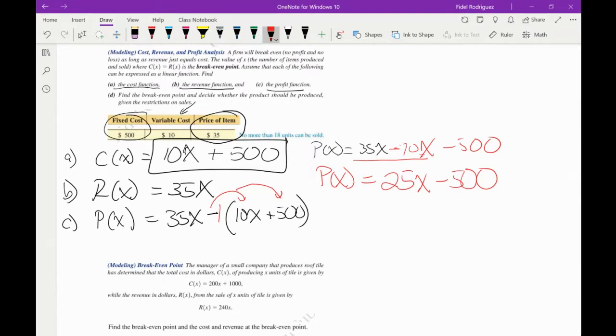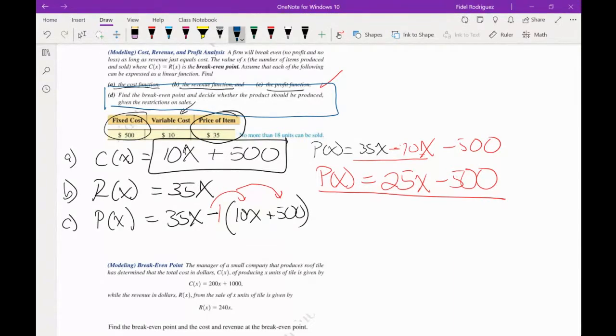All right. So we found our profit function. Boom, right here. Now we're going to do part D. Part D says we're going to find the break-even point. If I had a profit, that means I made so many headphones and sold so many headphones, I actually made money.